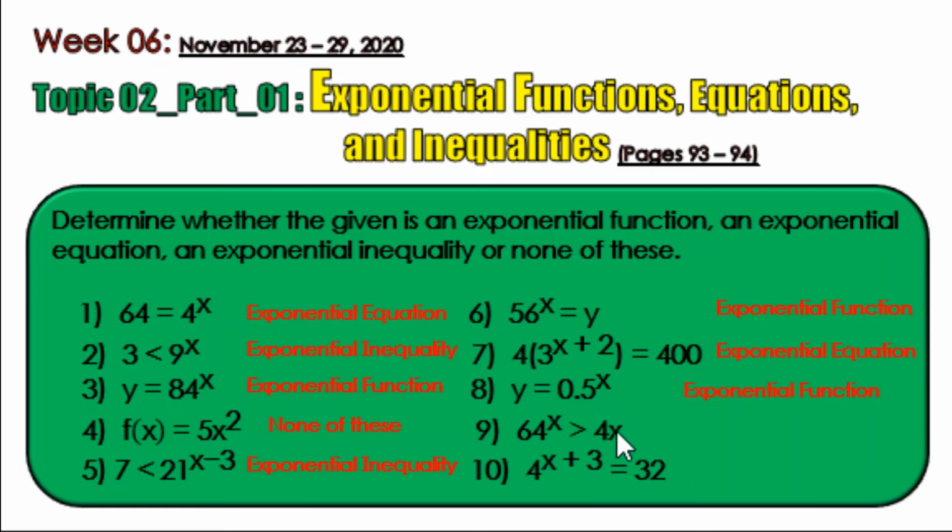Okay? So therefore, we have none of this. And number 10, 4 raised to x plus 3 equals 32. Okay, so we have an equal sign. We have an exponential expression. Okay, so this one is an exponential equation.